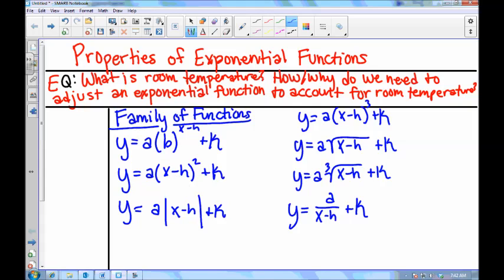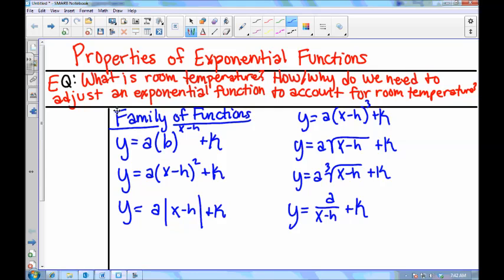This one is called a quadratic because the highest exponent is squared, x squared. After the quadratic, where the squaring ends, then we have plus k. This one's absolute value. The absolute value bar ends, and then we have plus k afterwards. Cube, then plus k. After the roots end, then we have the plus k outside of the root. And after the fraction ends, we have plus k after the fraction.